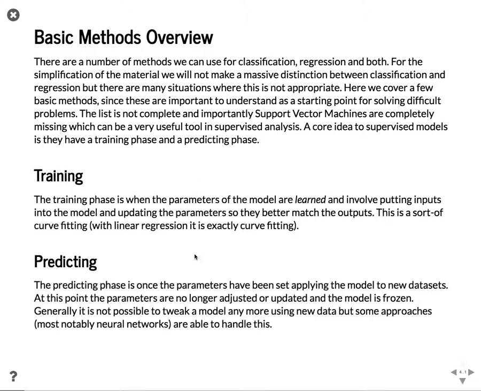Predicting is then the next step in this process, where once you've built a model, you freeze all of the parameters inside it, and then you can apply the model to new data sets. If you think back to linear curve fitting, if you have one new data point, it's very difficult to decide how you would update the slope or the intercept based on it.